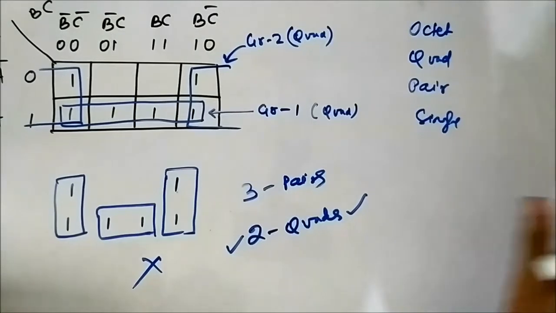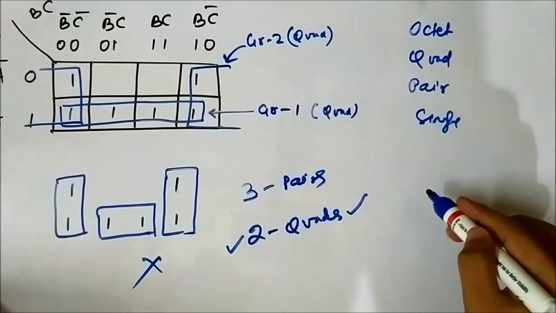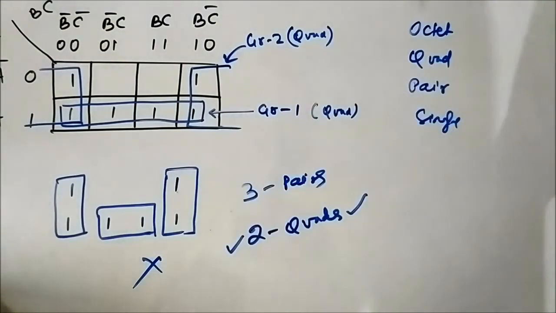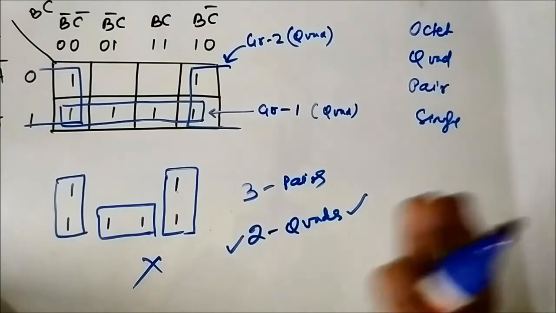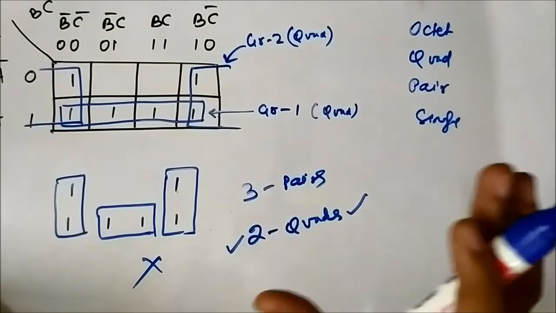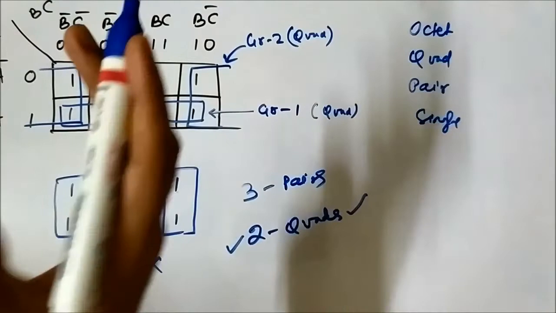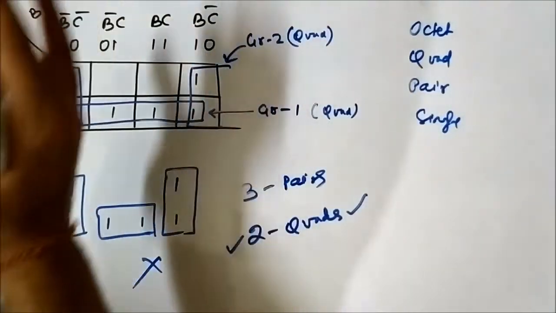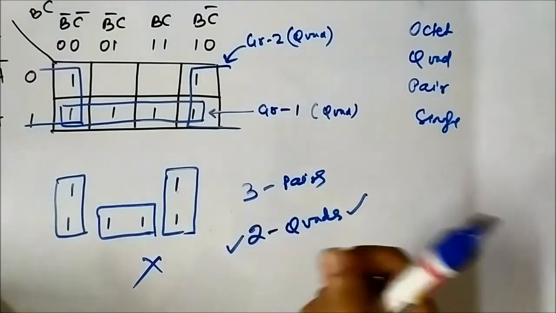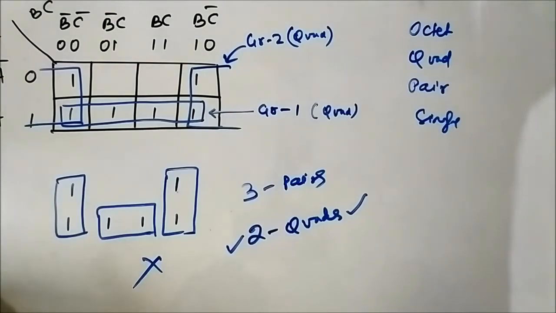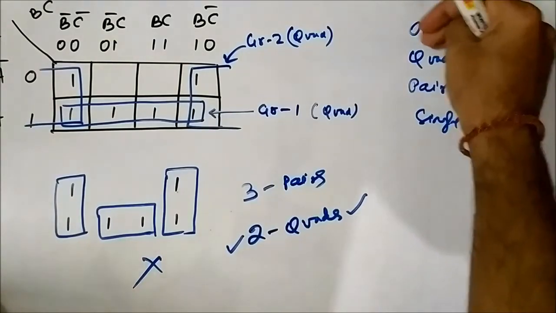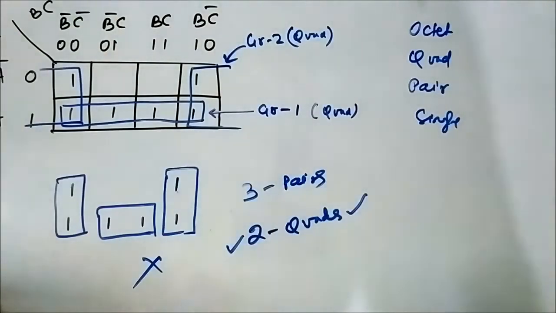And when it comes to the number of groups, the fewer the better. Always try to figure out ways of covering the marked cells using as few groups as possible, and try to form a bigger group which can cover all the marked cells. So this approach is wrong, this is right.